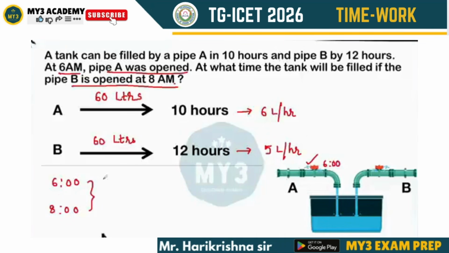So between 6 and 8, in these 2 hours, only pipe A is working. Pipe A fills 6 liters every hour, so in 2 hours, 2 into 6, it fills 12 liters. So out of the 60 liters of the tank, 12 liters is filled by pipe A.